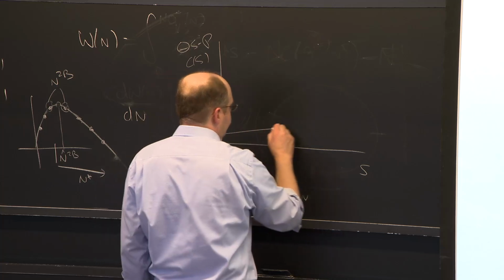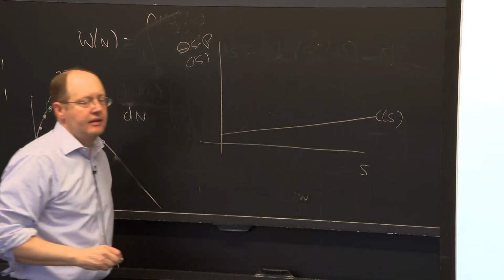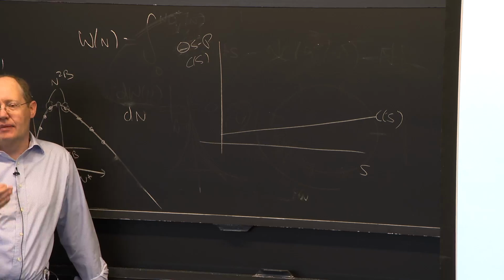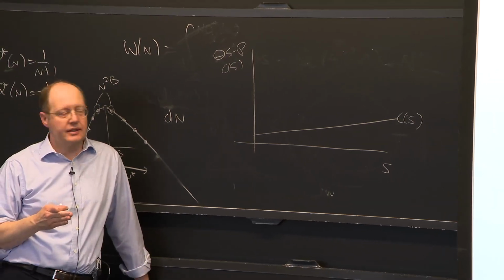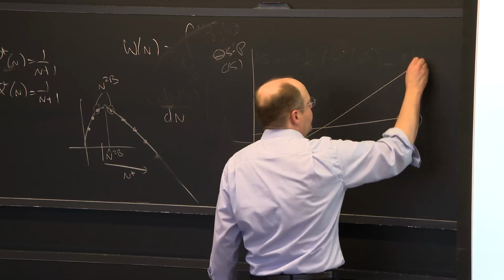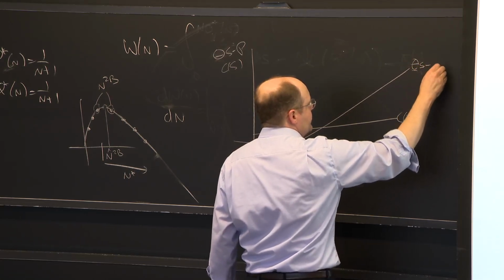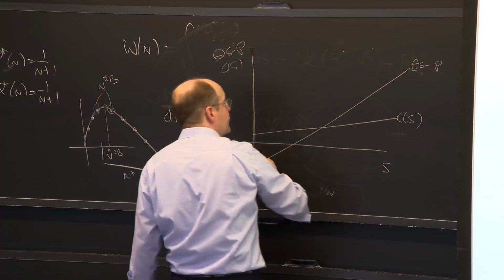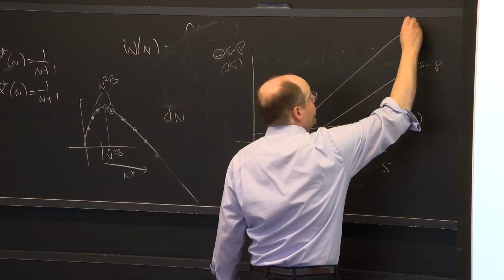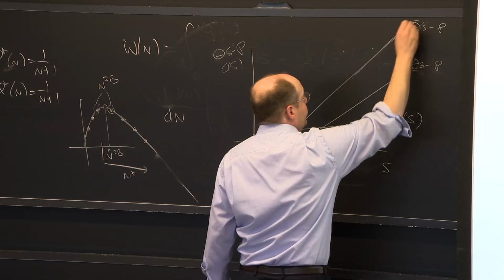So imagine that marginal cost C of S looks like this, that there's just not that much cost to producing high quality goods. And suppose that you have theta lower bar times S looks like this, and theta upper bar S minus P looks like that.